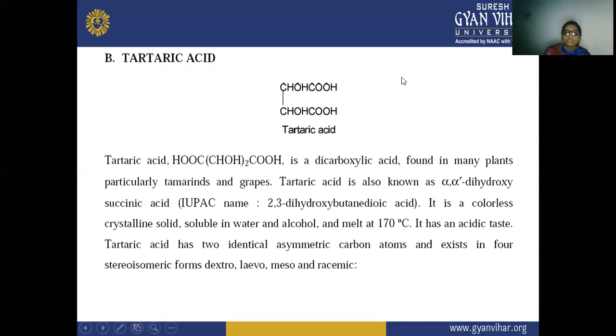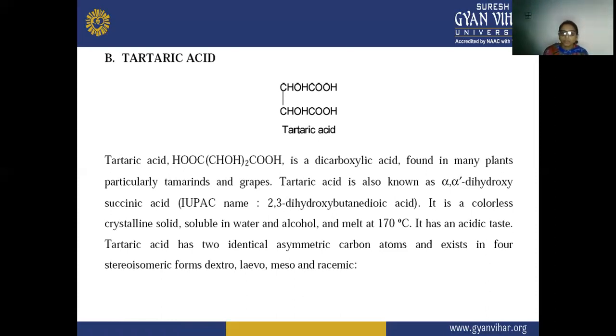Why? Because this CHCOOH is the structure of succinic acid, CH2COOH. So this is the structure of succinic acid, and on the alpha position of both the carboxylic acids, with respect to each carboxylic acid, the hydroxy group is attached, and that is why it is also known as alpha, alpha-dihydroxy succinic acid.